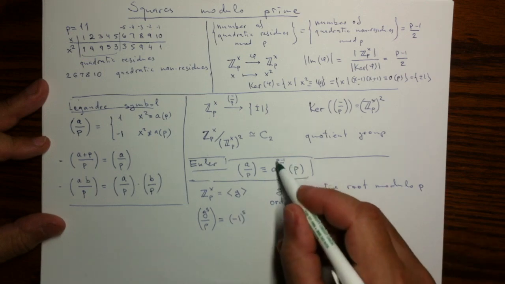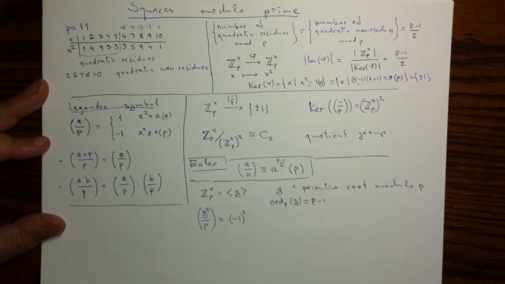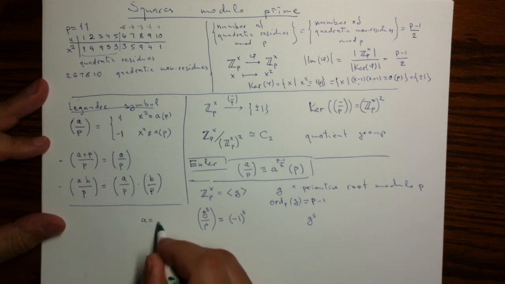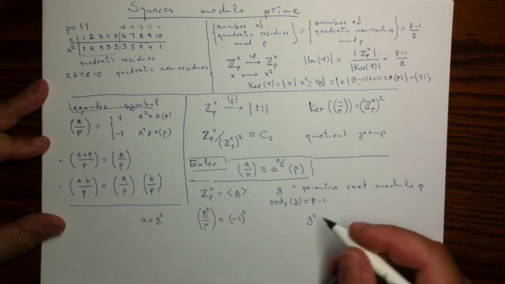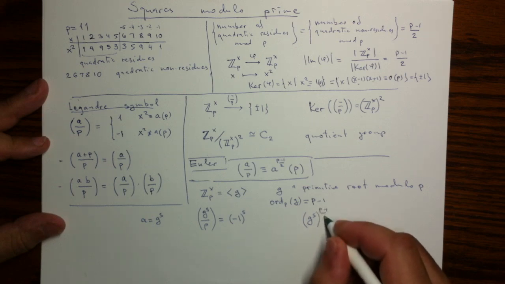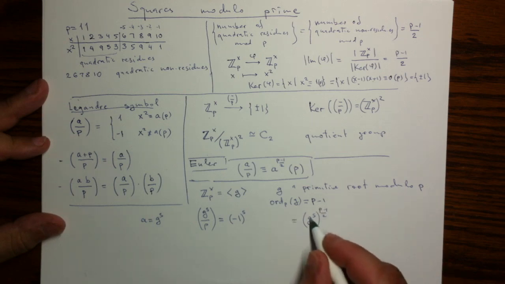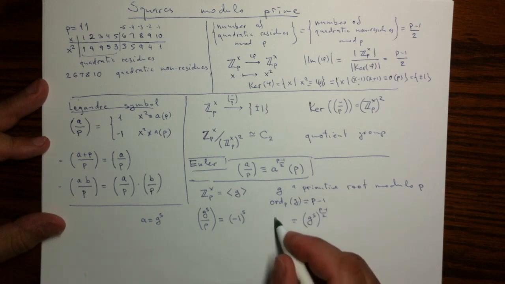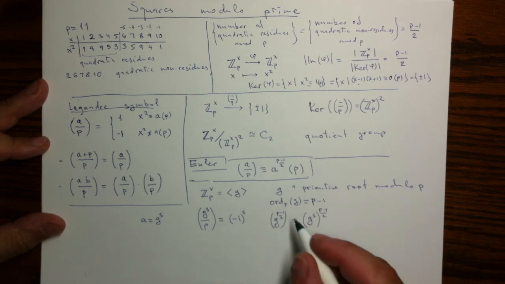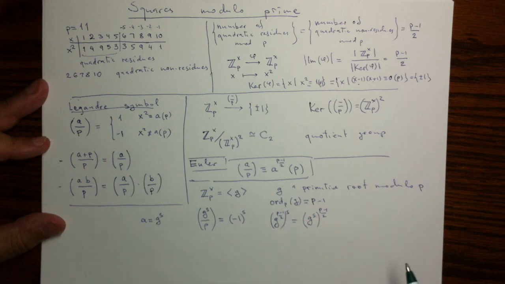But let's compute this side of Euler's claim and see what happens. So we take g to the s, that's what our a is here in the computation, and then raise it to the power (p minus 1)/2. I can just rearrange the order in this iterated power computation: compute first g to the (p minus 1)/2 power and then raise it to the power s.